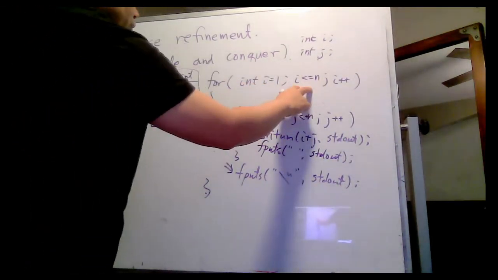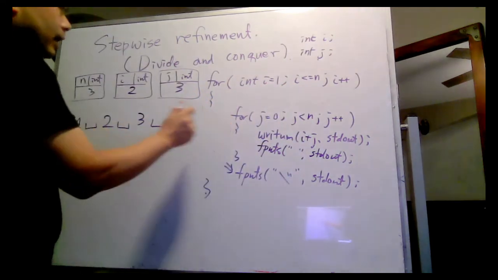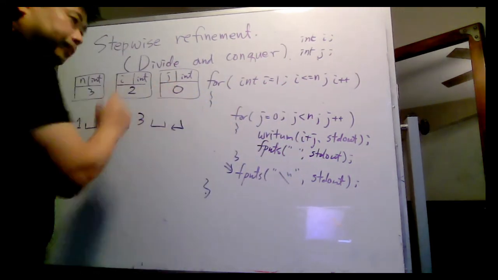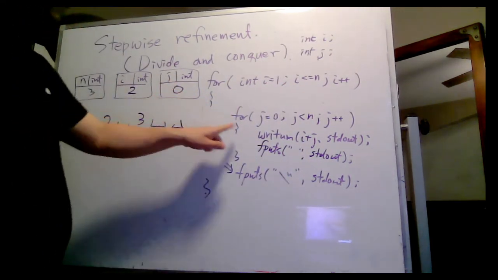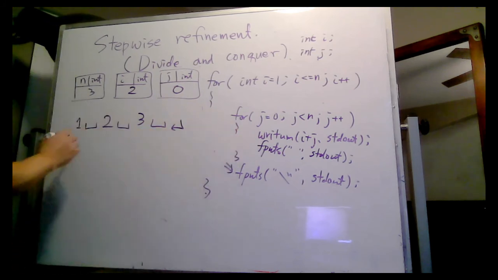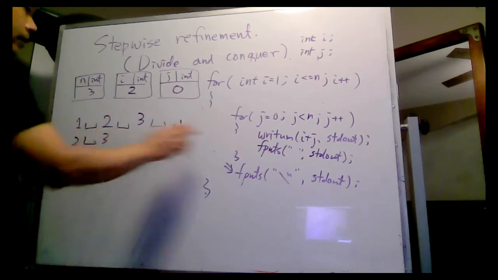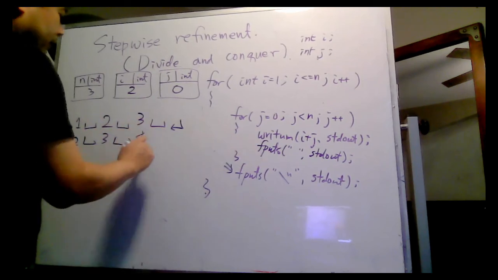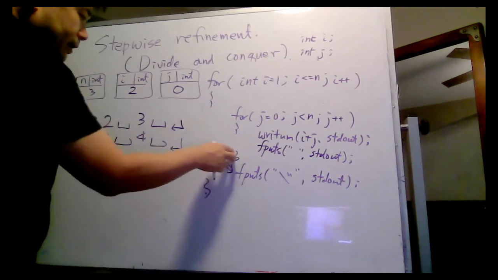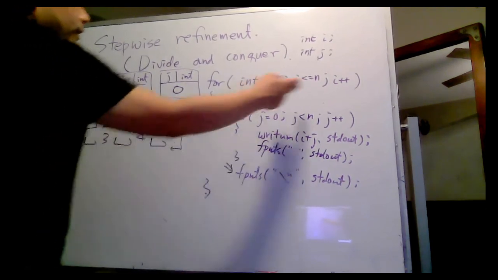You check it. This is true. Now j is again initialized with 0. And then you check it. This is 2 now, right? And then 3, and then 4, and then the exit is done. Line break. i++.